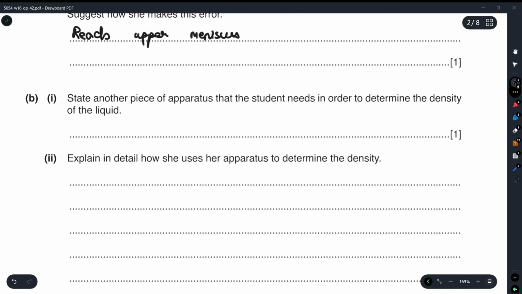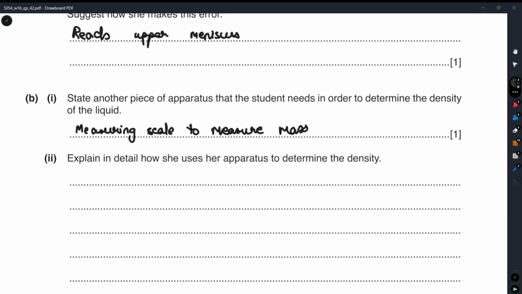Okay. State another piece of apparatus that the student needs in order to determine the density. So obviously you need a measuring scale. Electronic scale, measuring scale to measure mass. That's right.